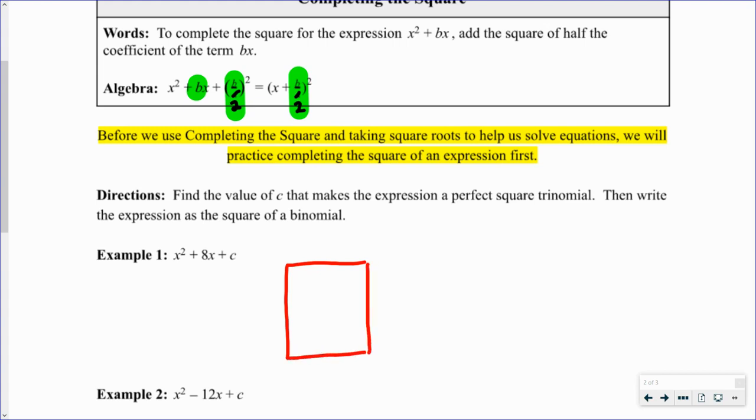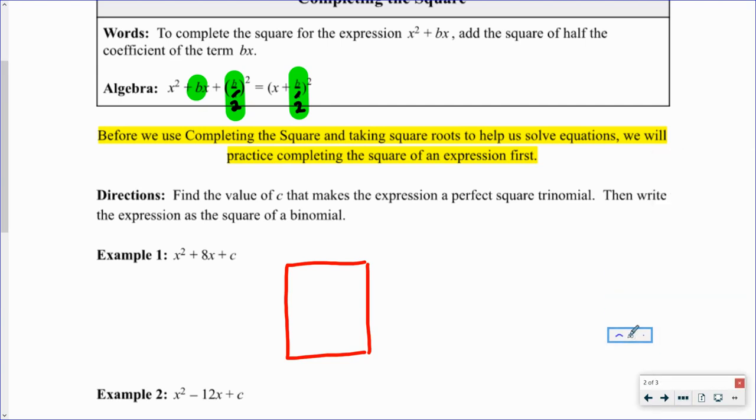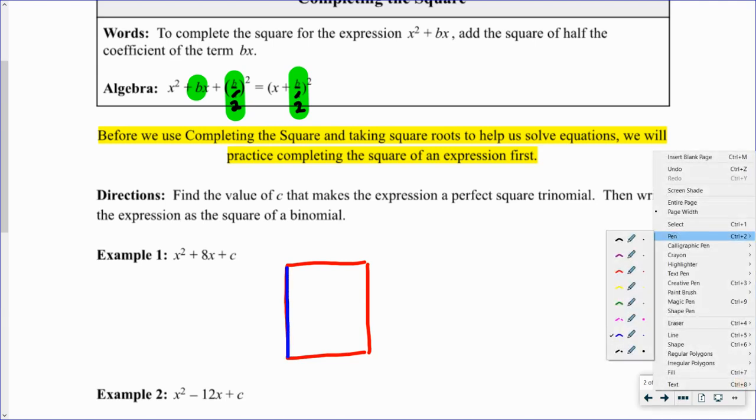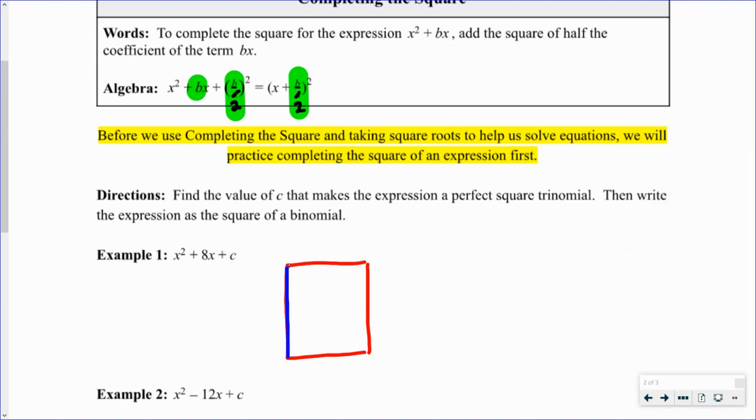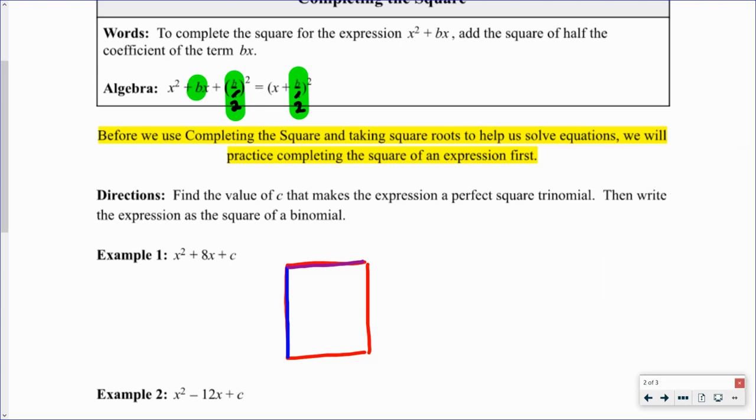So the dimensions on the left-hand side of the square and on the right-hand side of the square have to be identical. So the way that we're going to do this, x squared, we're going to divide that in half. So we're going to put an x on each side.